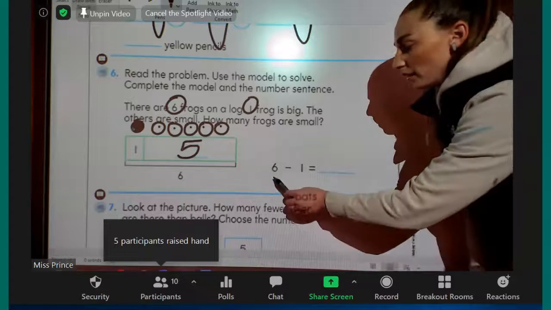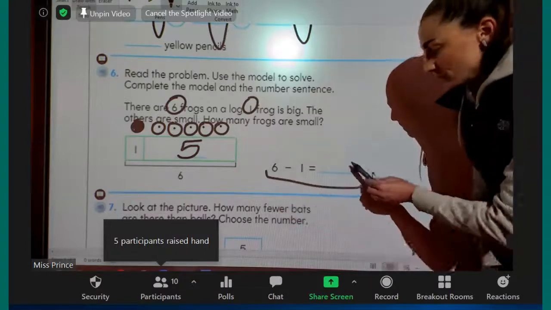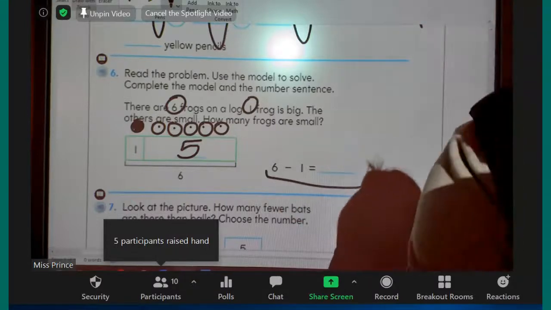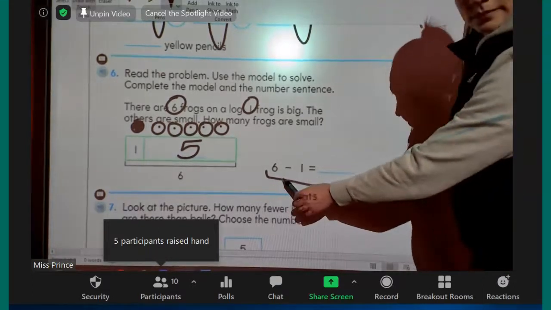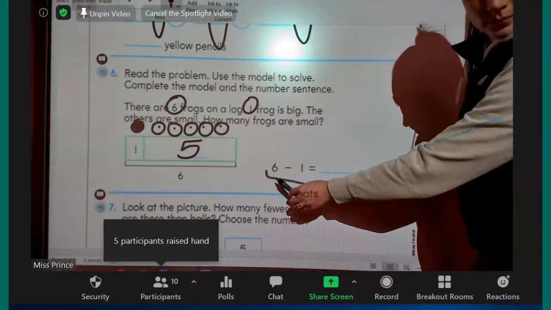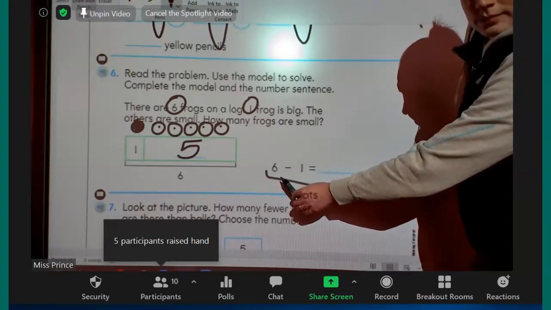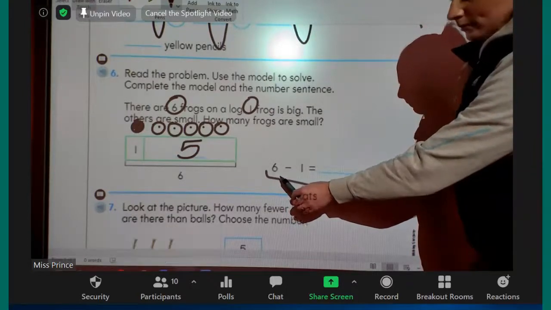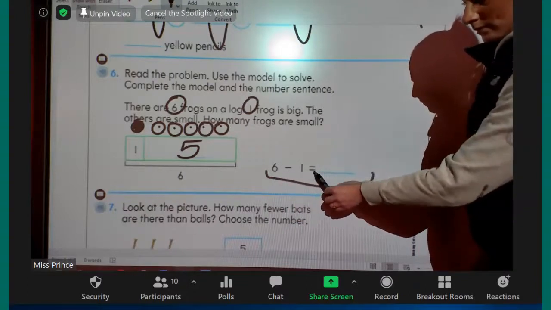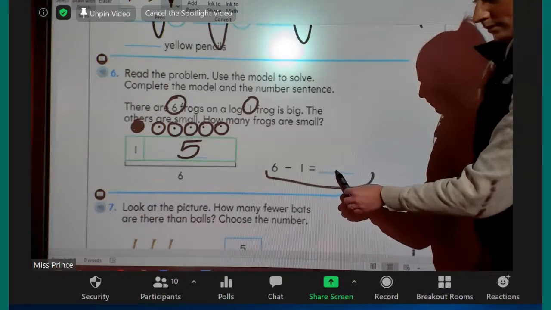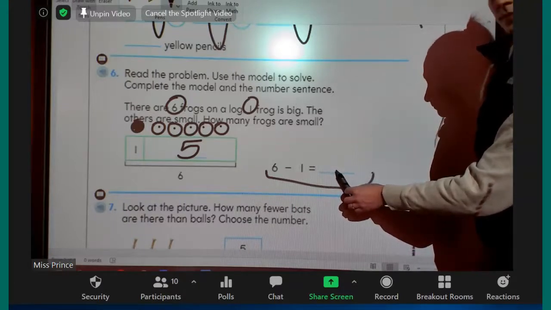So I'm going to call in a student to read the whole number sentence and tell me the answer. Liam. Minus 1 equals 2.